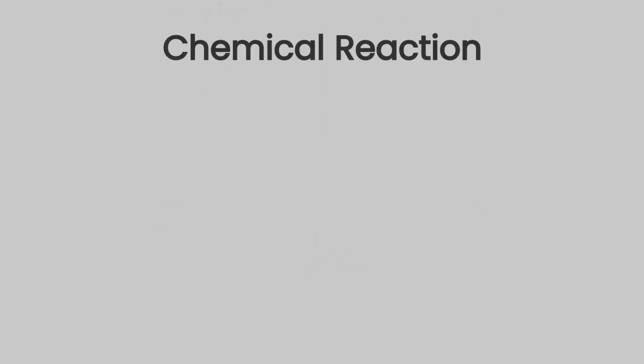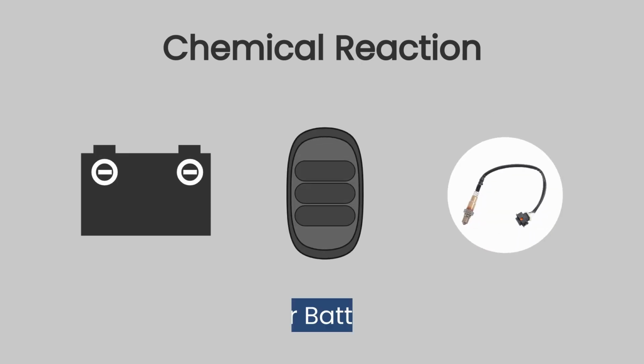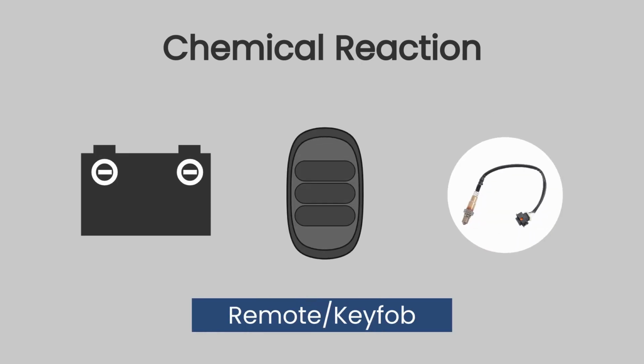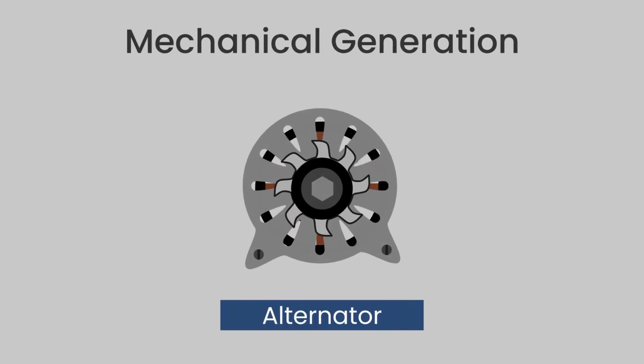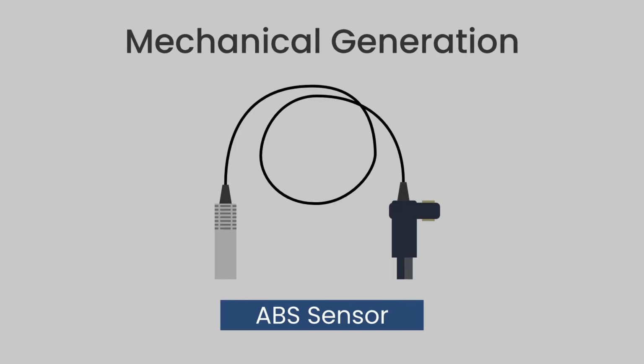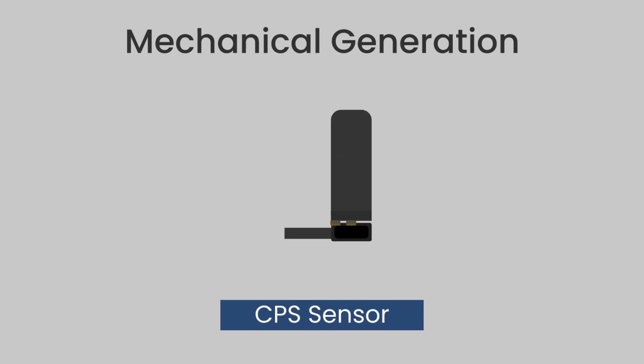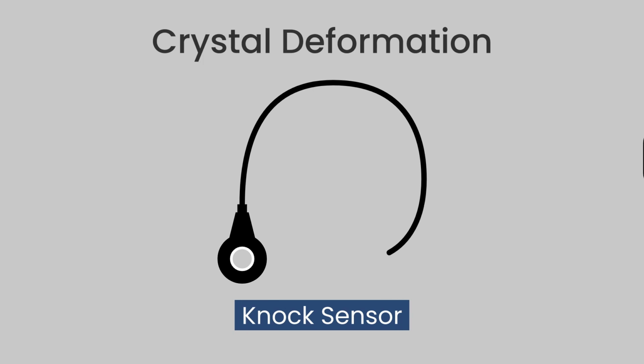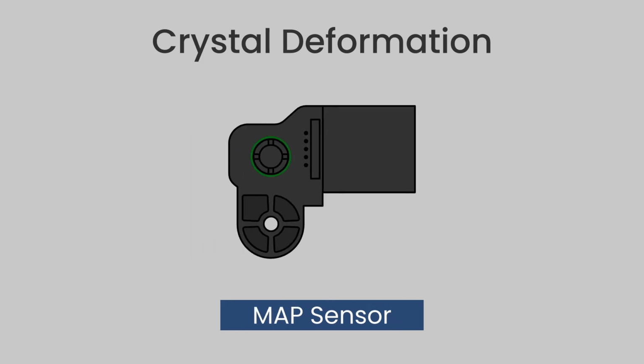Chemical reactions are created in a car's battery, the remote or key fob's battery, and in the oxygen sensor. Mechanical generation is created in the alternator, the ABS sensors, the ignition coil, and the crankshaft position sensor. Crystal deformation is created in the knock sensor and MAP sensors.